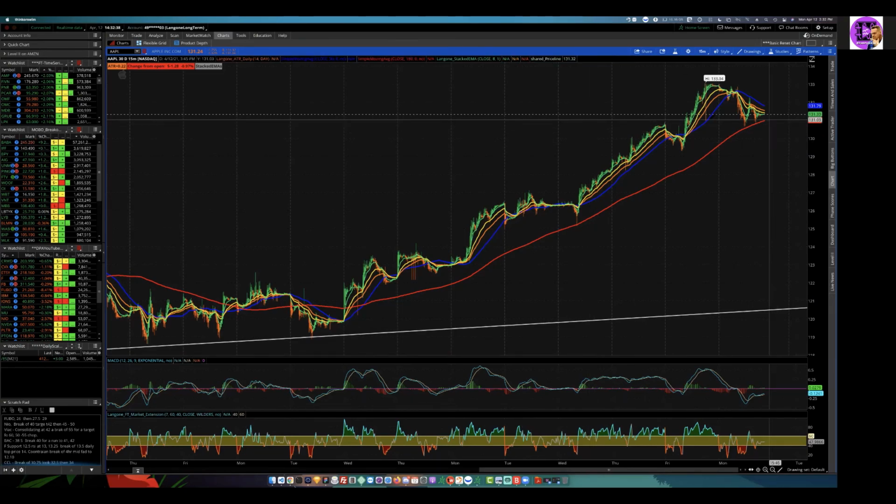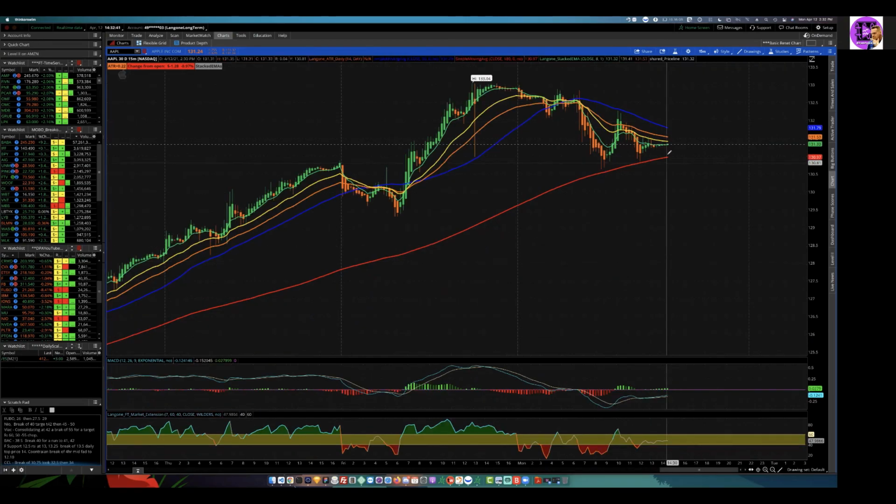If Apple breaks this 200 SMA, I'm going to look to maybe find out where its next level of support is. What I don't like about Apple right now is that my moving averages are all stacked bearish, with the last holdout being this 180-day SMA.